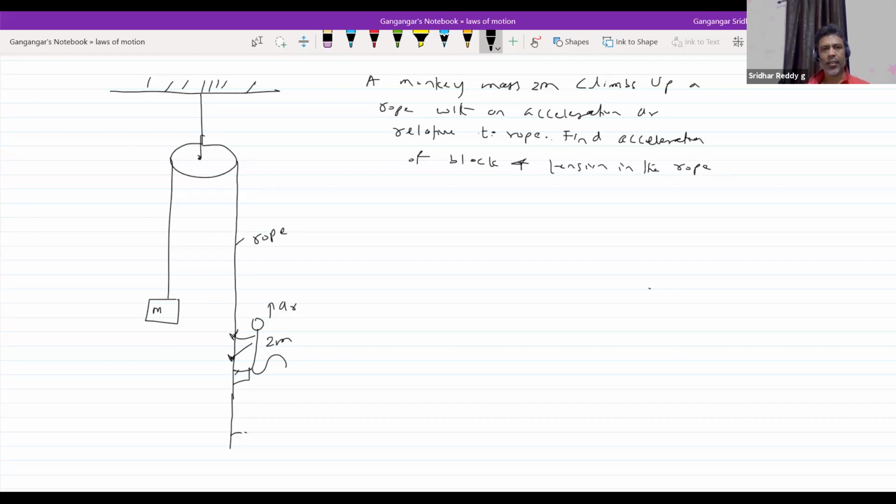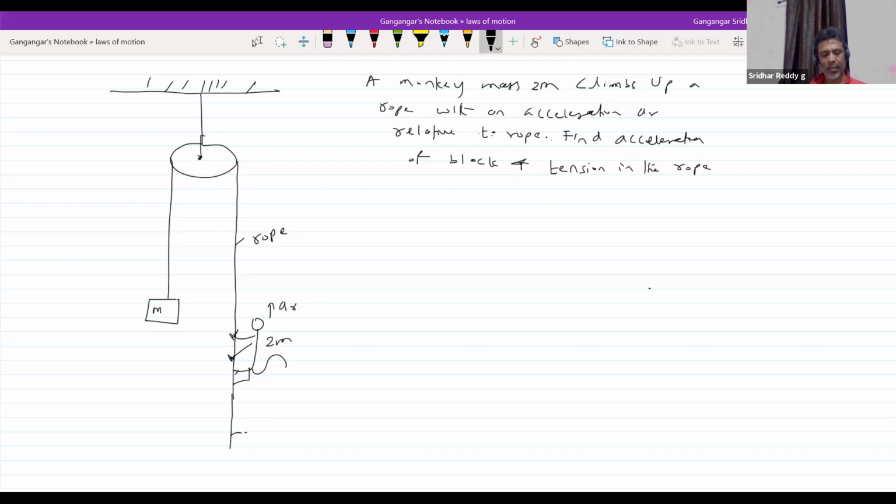So there's the initial situation. The monkey will climb up with an acceleration AR. So what conditions are to be followed here? In previous classes we took only one simple case.